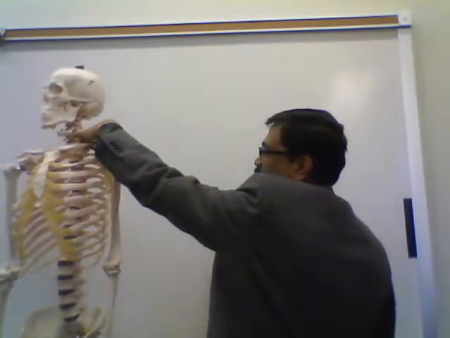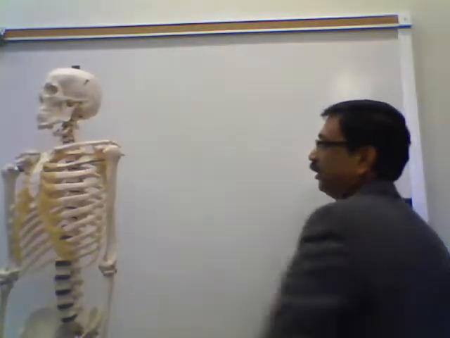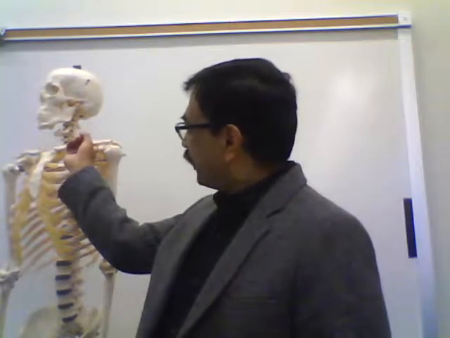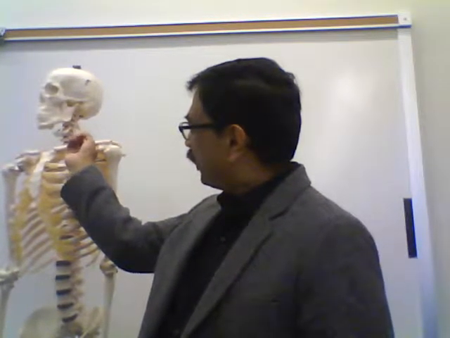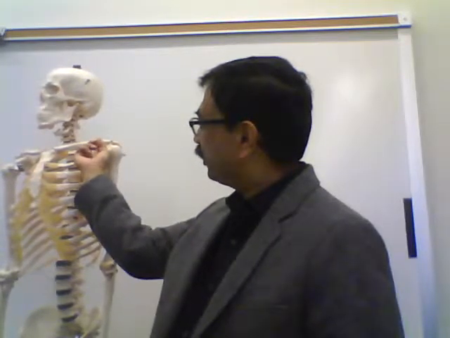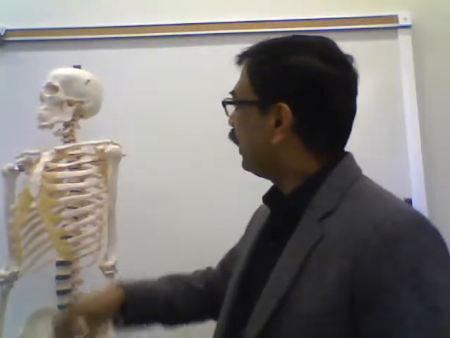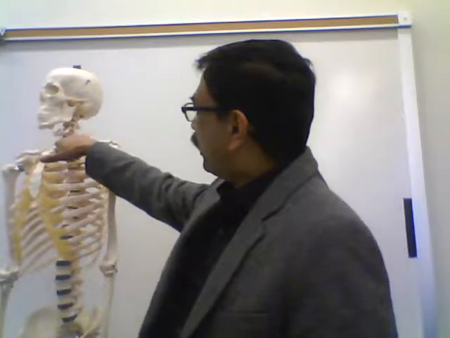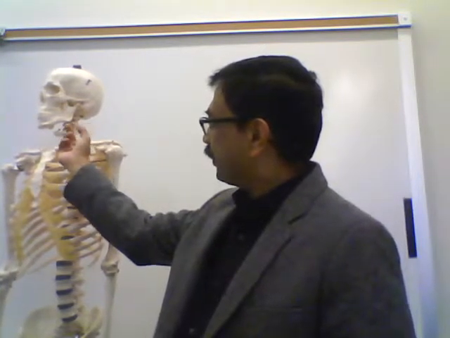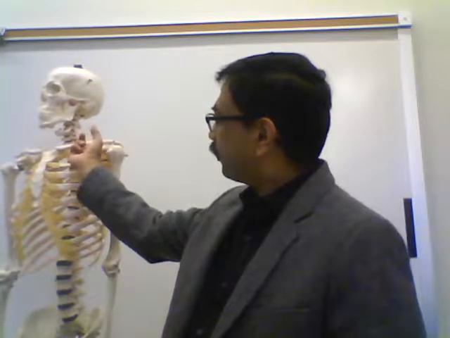If you touch it, you can feel it. Another thing is, in the inferior surface of this bone, there is a tubercle, a tiny round bony structure here. So the superior surface is smooth, the inferior surface has a tubercle.